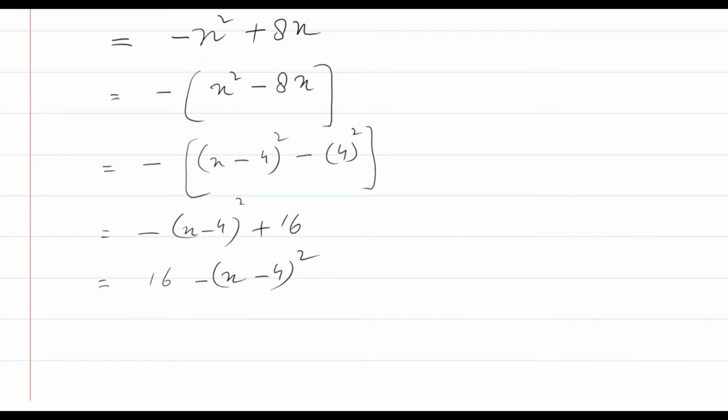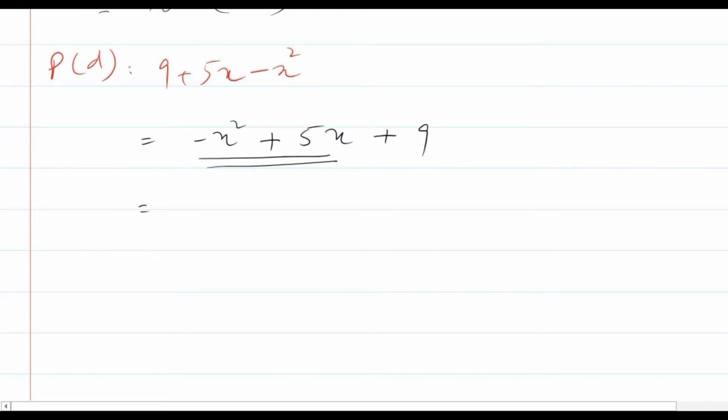Now we'll do part D. 9 plus 5x minus x square. First of all, we will rearrange it and it will become minus x square plus 5x plus 9. From this section, take minus as common.